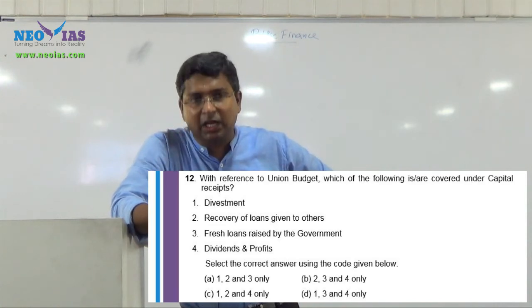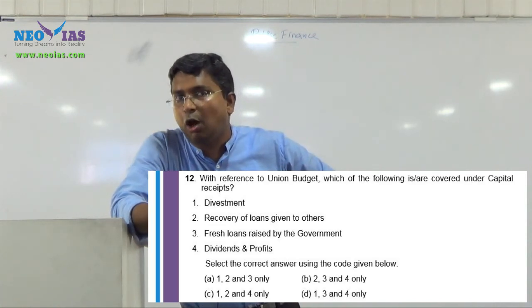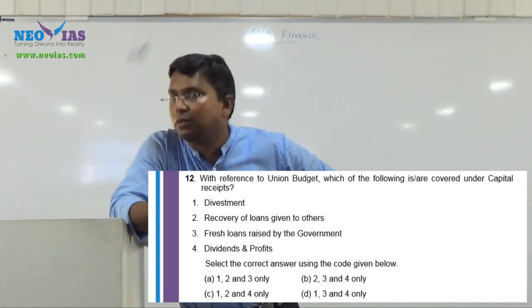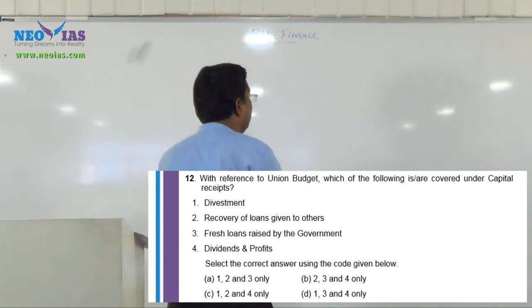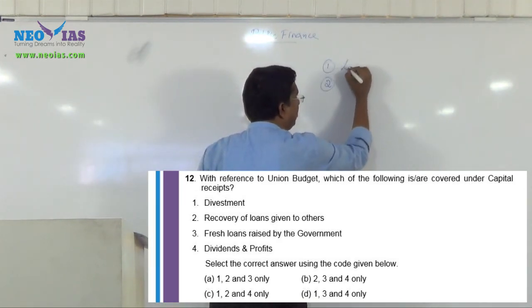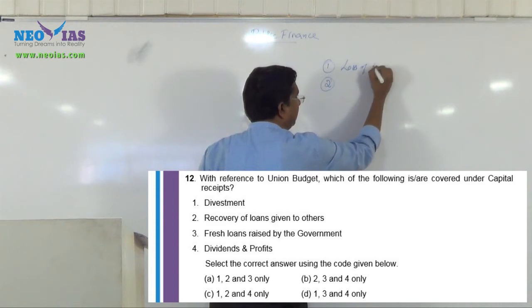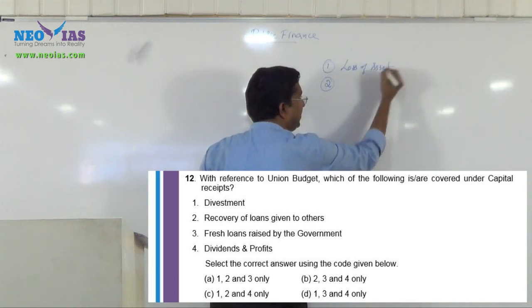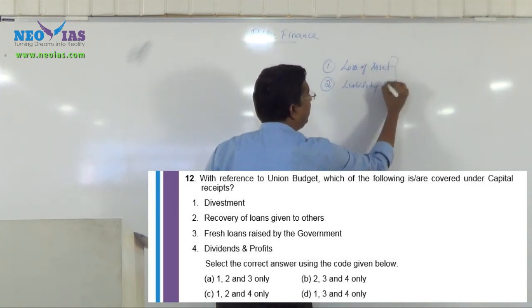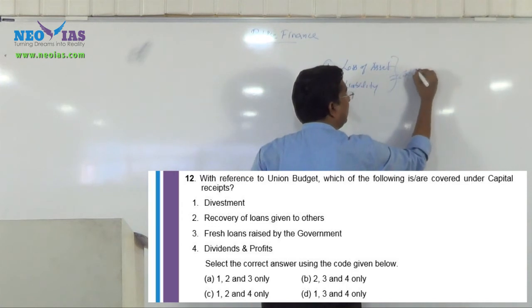You are getting money without a liability, but there is a loss of asset, then also it is a capital receipt. So there are two conditions: if there is a loss of asset or there is a liability while receiving receipts, then it will come under capital receipts.